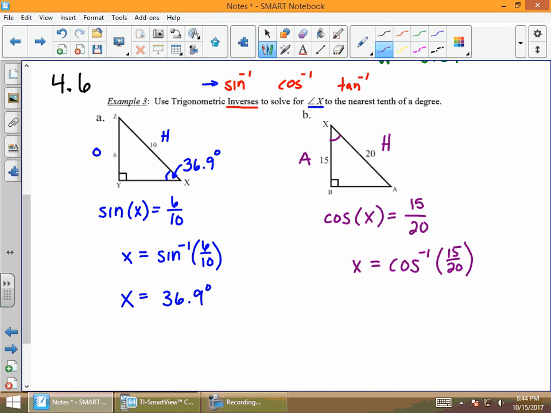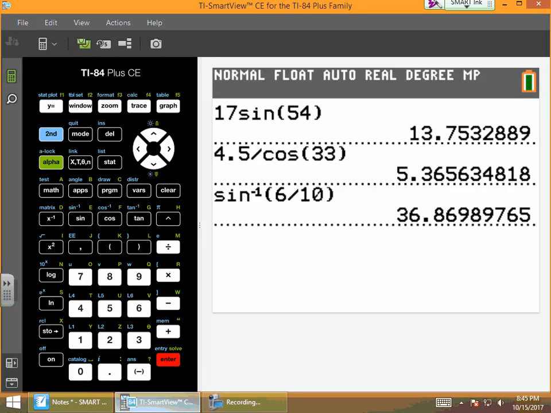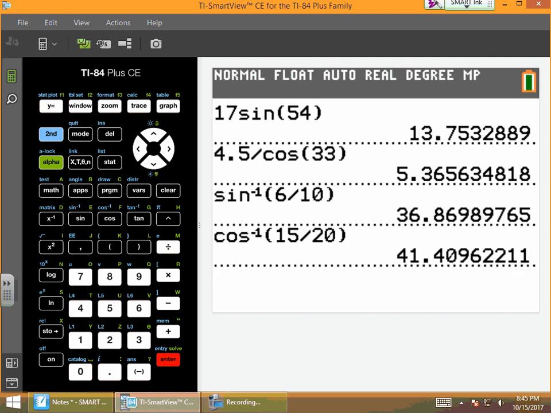Well, I'll be going to my calculator again. The inverse cosine of 15 over 20. So inverse cosine, so second cosine, there's inverse cosine. 15 divided by 20, 15 over 20. And this angle is about 41.4 degrees.